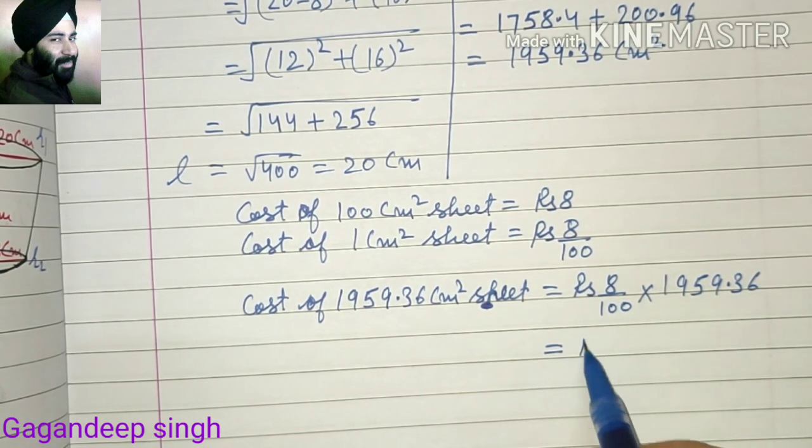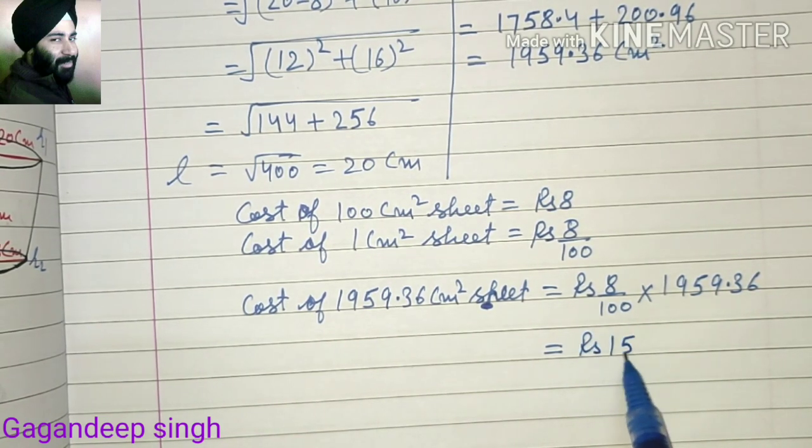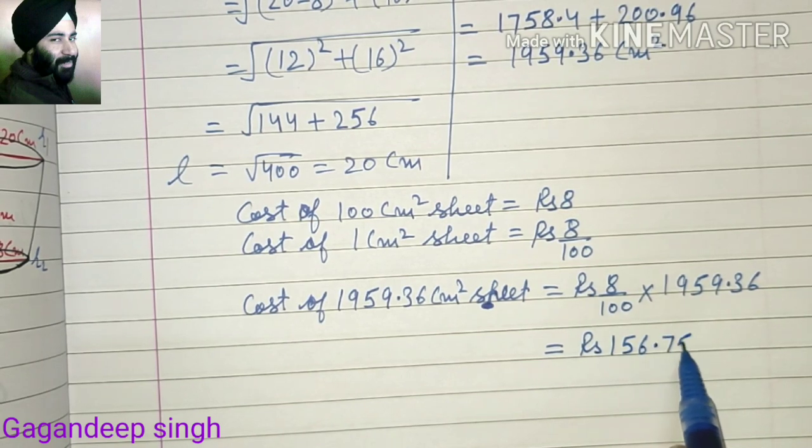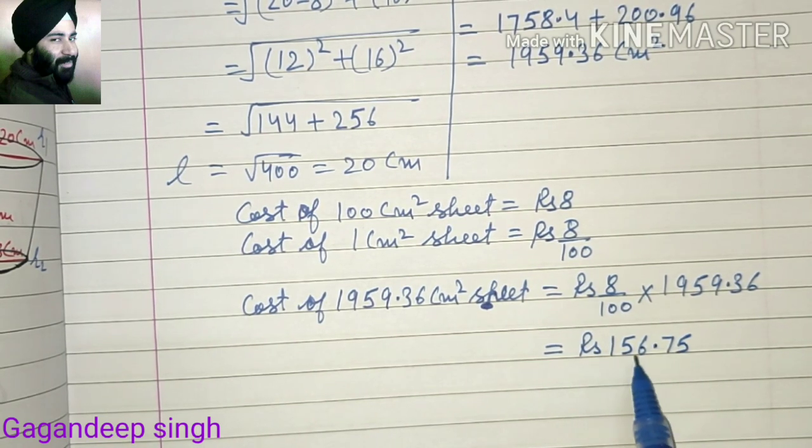After simplification it will be 156.75. So rupees 156.75 is the cost of metal sheet required to make container.